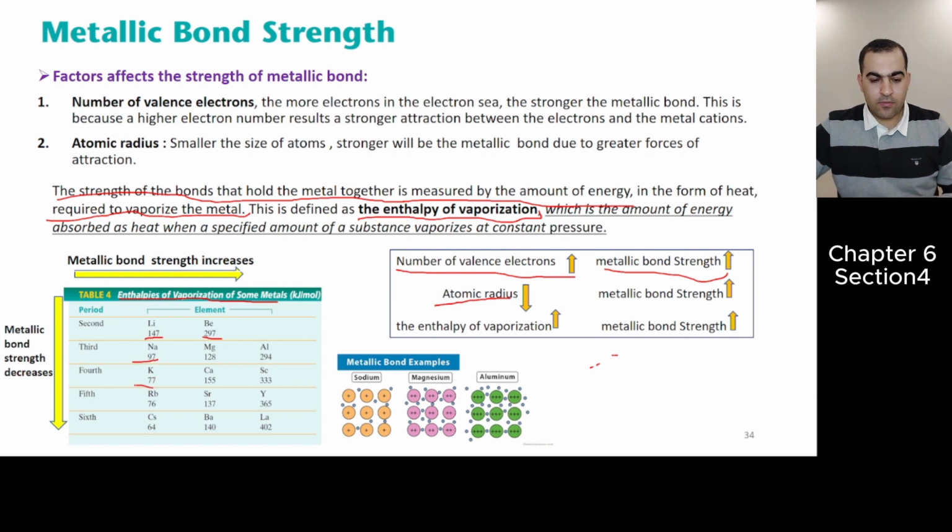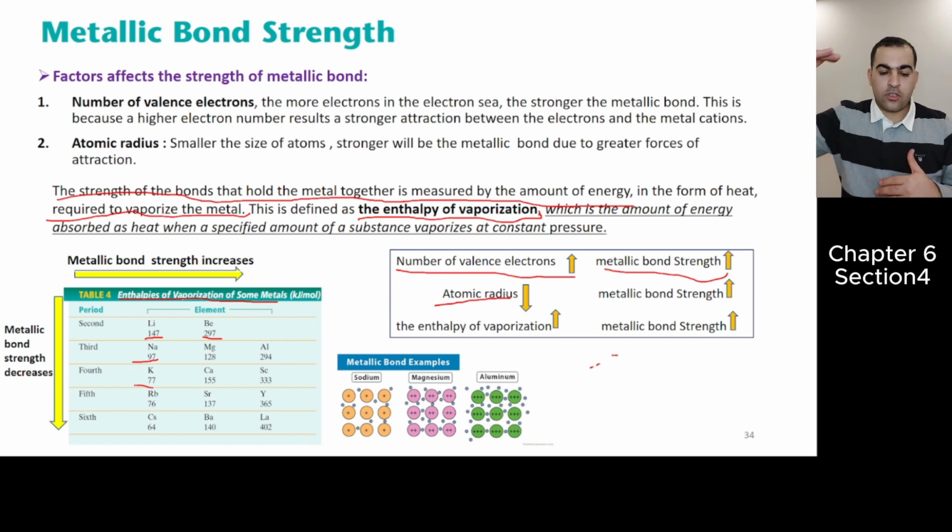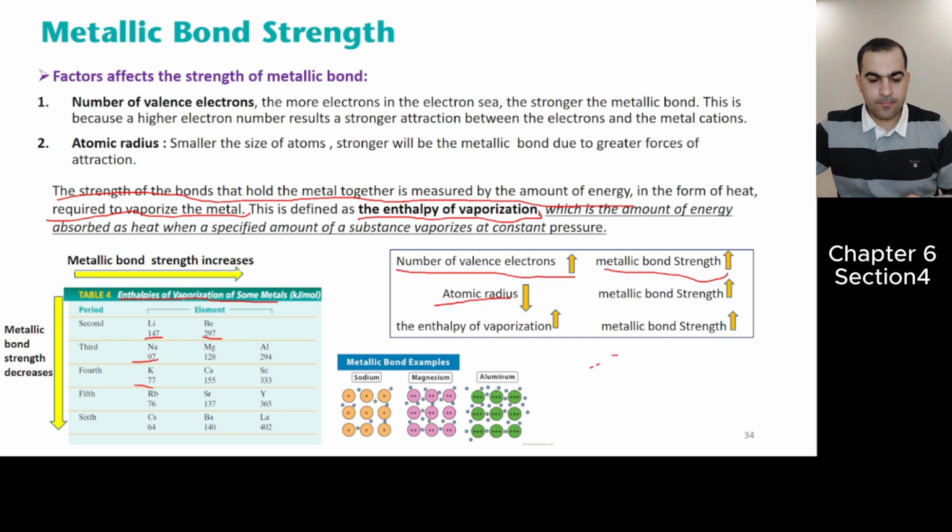Okay, potassium's size is more than sodium's. So the distance between the electron sea and the nuclei, what? Increases. So the strength of the metallic bond decreases. Okay, that's it. But look, in the same group, valence electrons down the group do not increase.